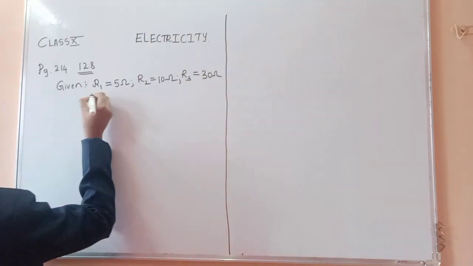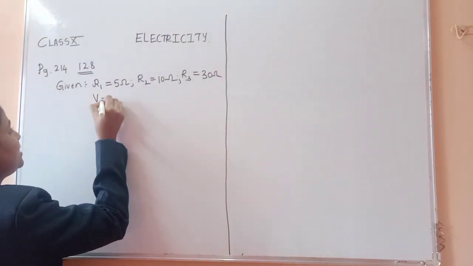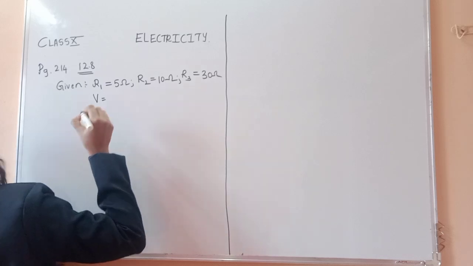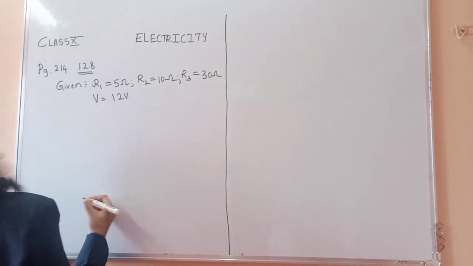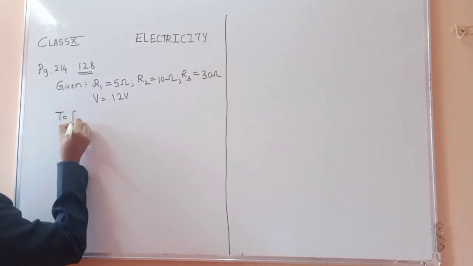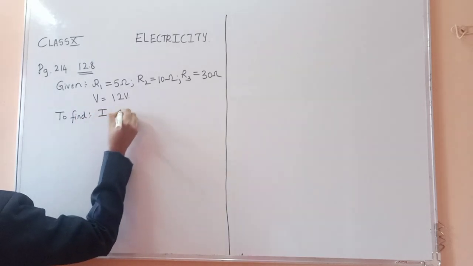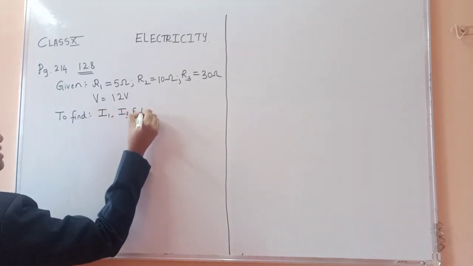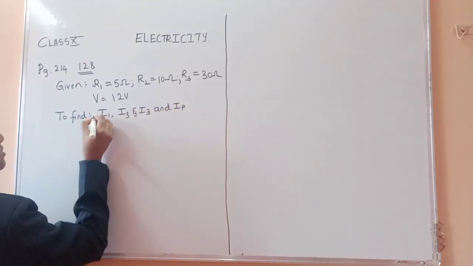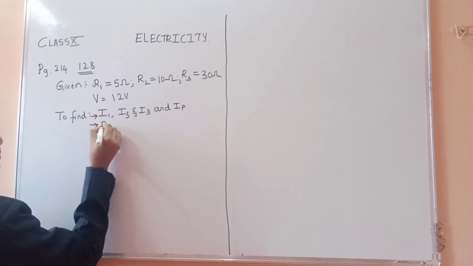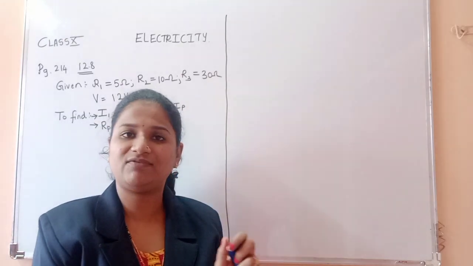These are the resistors, and the potential difference or the voltage of the battery used is V is equal to 12 volt. To find, we have to find I1, I2 and I3 as well as IP. Next we have to find RP. So this is the question and the things which we have to find.